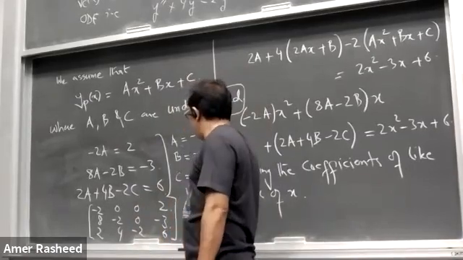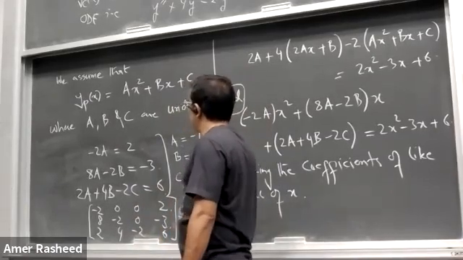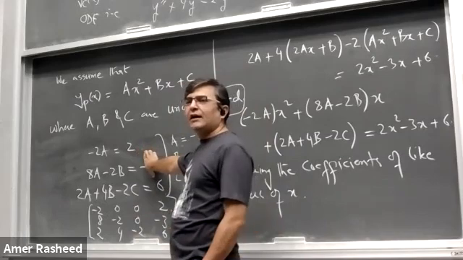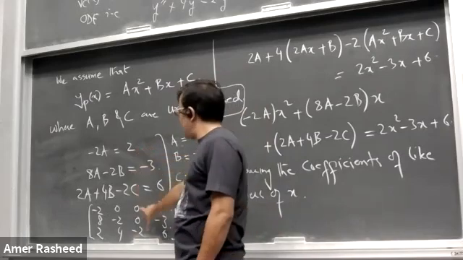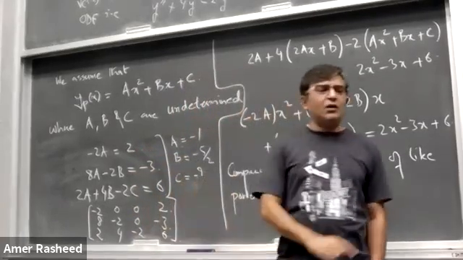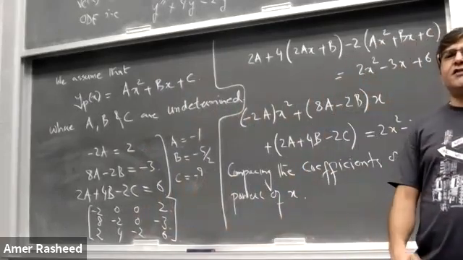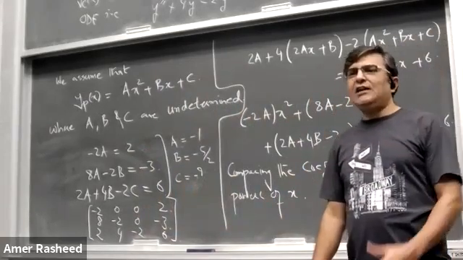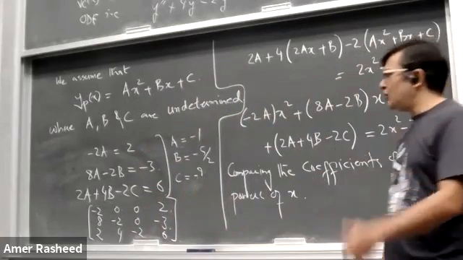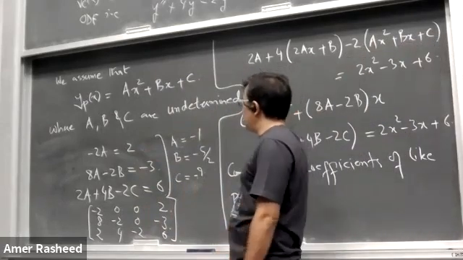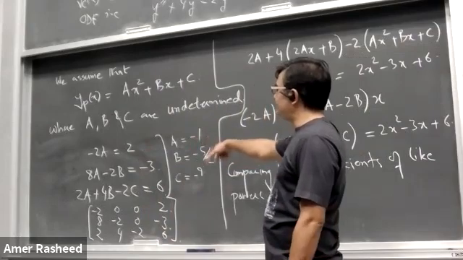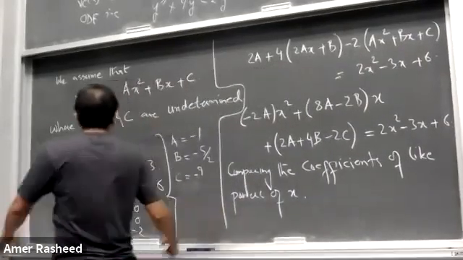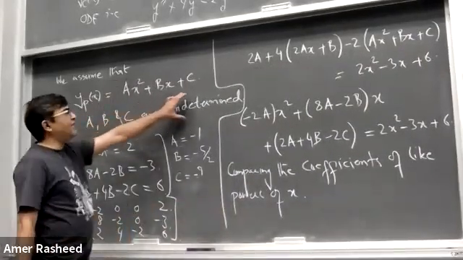We obtain these values either by solving simultaneously, or by solving this augmented matrix, or writing the linear system, or using any method from linear algebra to solve this system of linear equations. So after solving, these A, B, C, which were undetermined coefficients, are now determined.